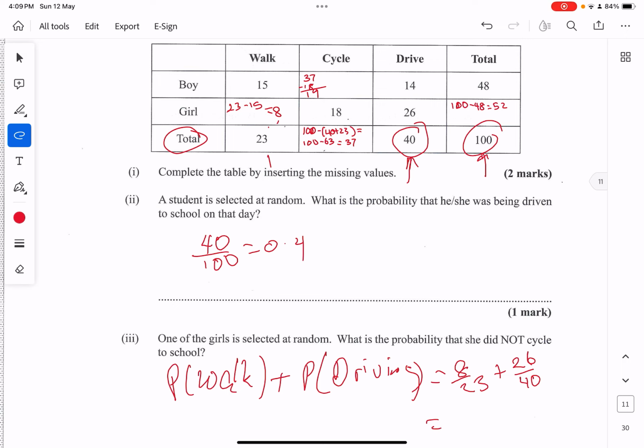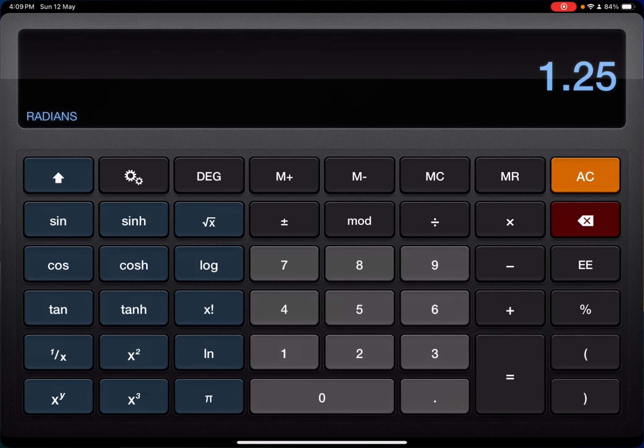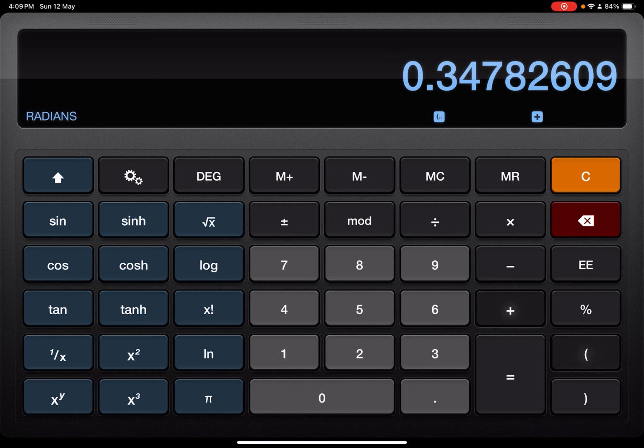So that is 8 divided by 23 plus 26 divided by 40. Close my brackets.